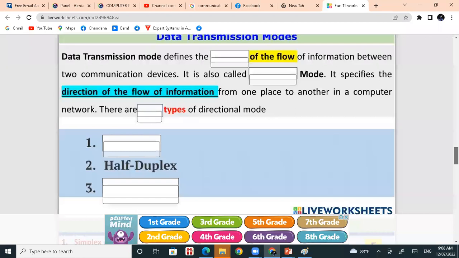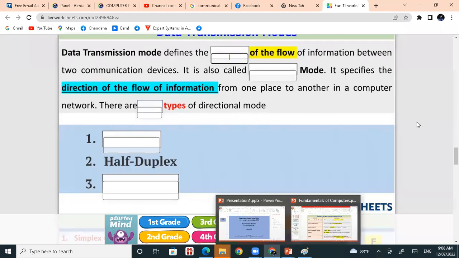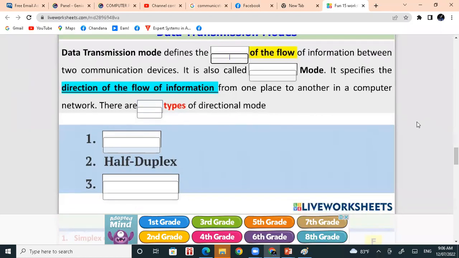They are asking to fill some blanks here. I think you can remember. Data transmission mode defines what? Direction. Direction of the flow of information between two communication devices.